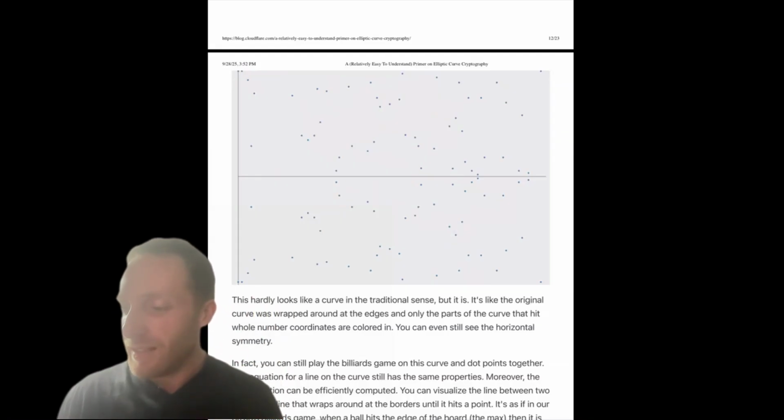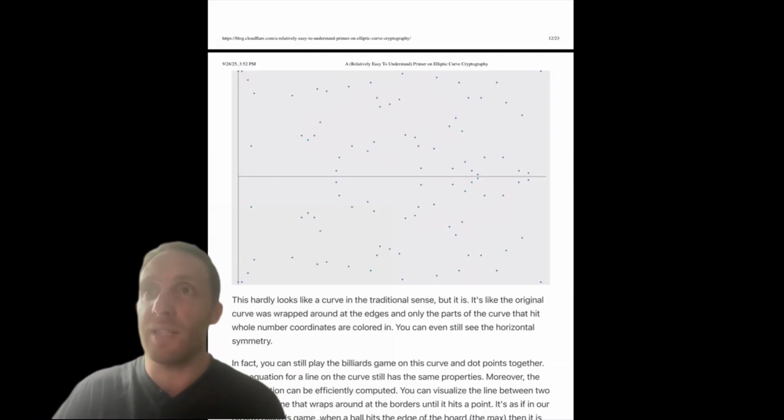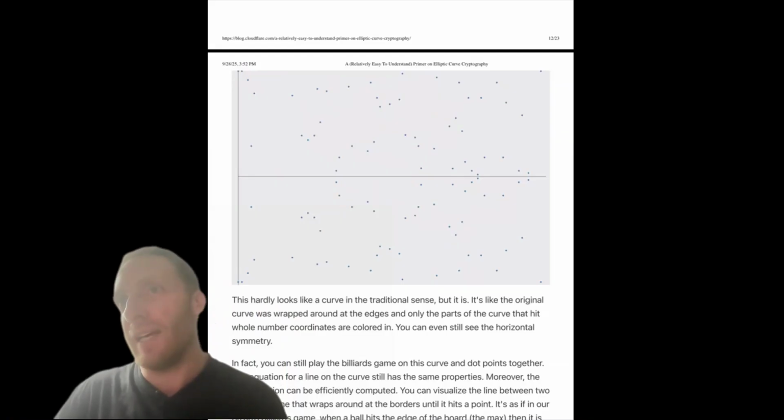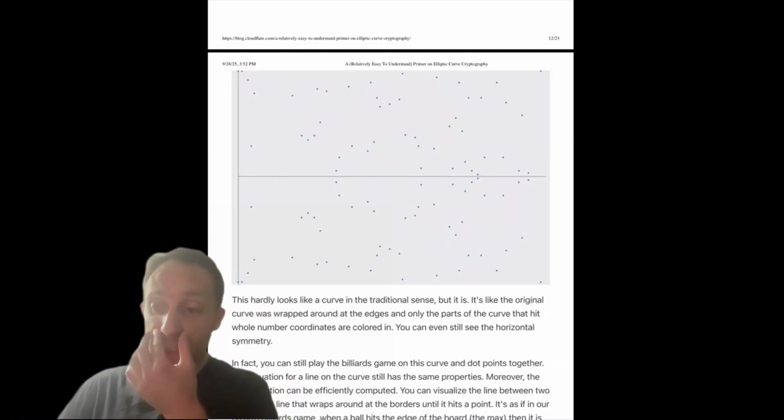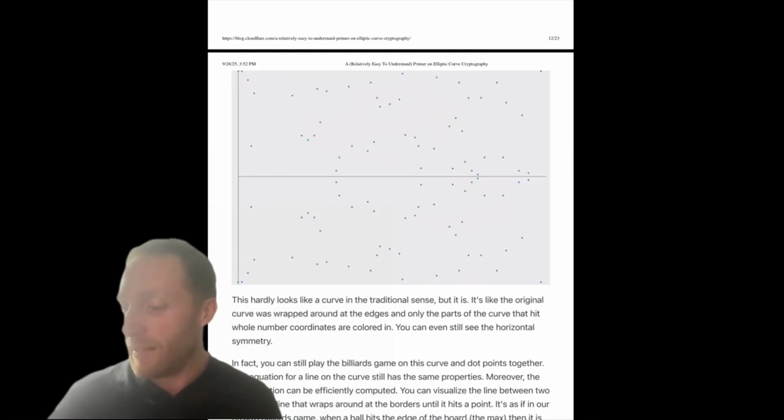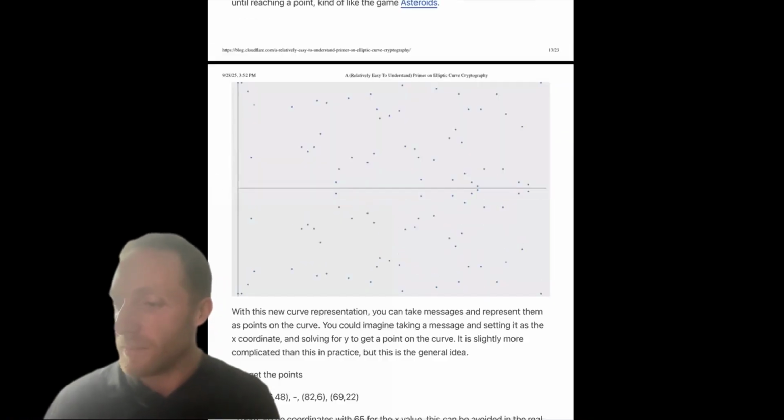Good luck seeing any geometric intuition; you lose all of that. But interestingly enough, all the properties still remain, which is why it's awesome.